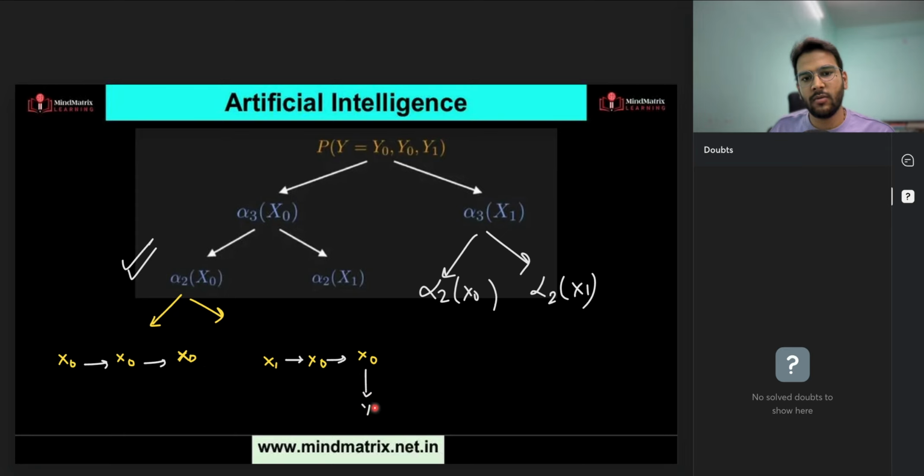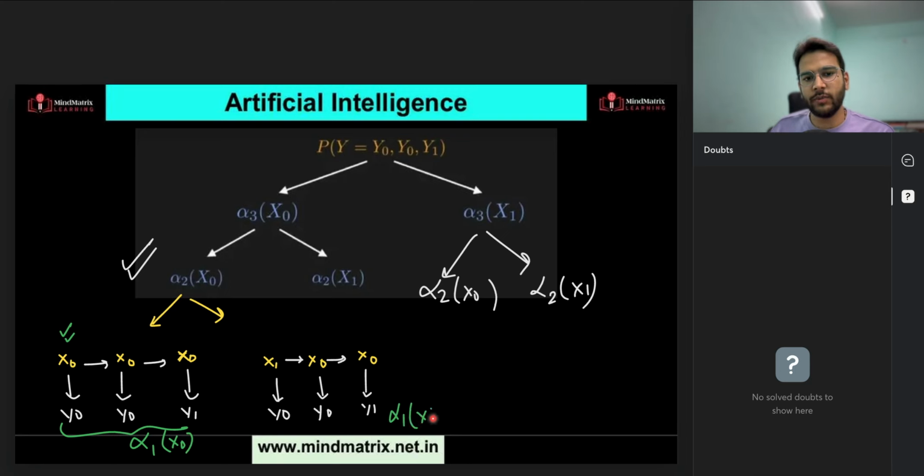Here it is y1, here it is y0, y0, y1, y0, y0. So this thing I can write now as alpha 1 of x0. That means on the first day it is x0, and here it is alpha 1 of x1. Yes or no? So we have further divided it. Similarly, this can also be divided, similar to this only.